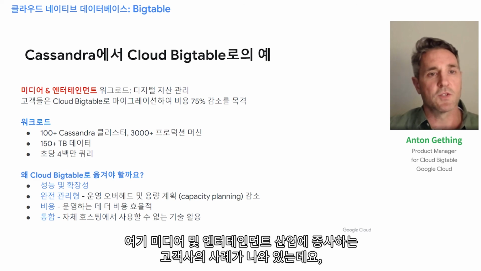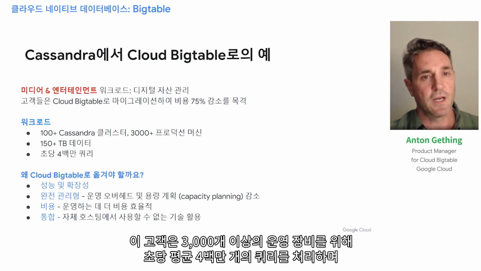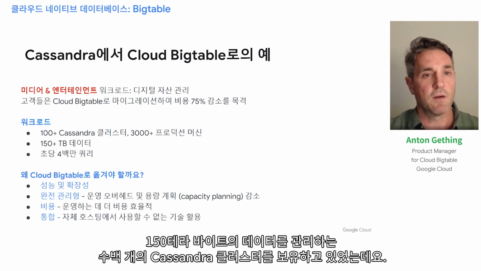And here we have an example of a customer in media entertainment who saw a 75% drop in cost with their migration to Cloud Bigtable. This customer had hundreds of Cassandra clusters with over 3,000 production machines, managing 150 terabytes of data with an average of 4 million queries per second.